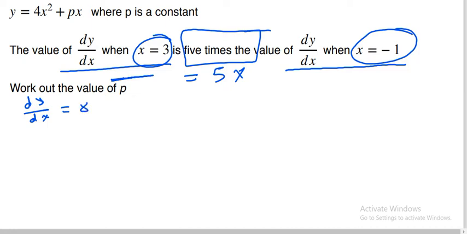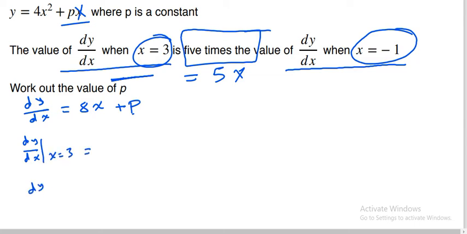It will be 8x plus p. We said the differentiation of any term with x power 1, just remove x, the remainder is the answer. So the differentiation of this part is plus p. Don't forget this point. So dy by dx at x equal 3 equal what?